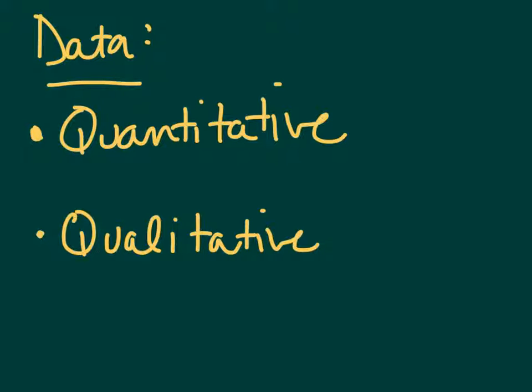I'm going to give you guys until the clock says 2:01 to define these two words and determine which one scientists prefer. What is quantitative data? Data that has numbers.